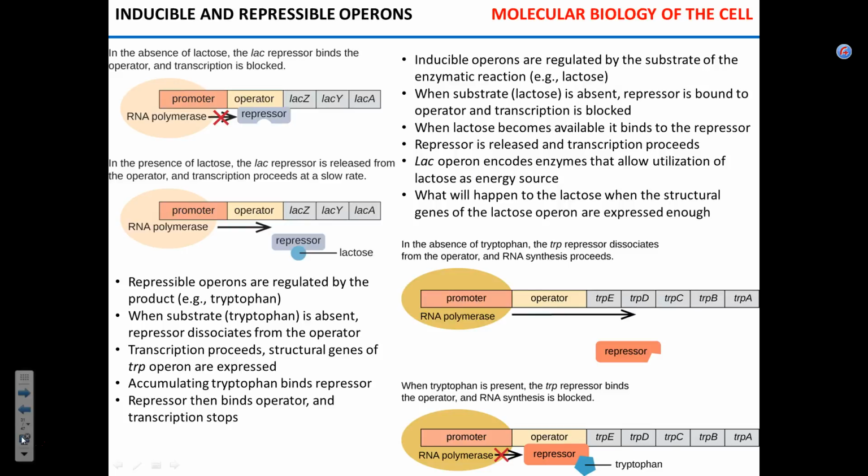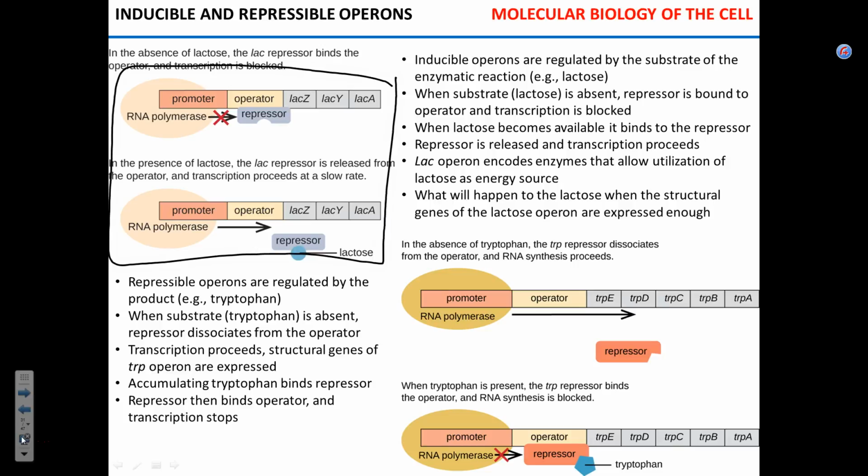So operons, sorry, can be inducible or repressible. When we say inducible operon, it means that there is some sort of a signal, some sort of a chemical that can initiate transcription of genes in the operon. It sounds really not English, but here is how the inducible operon works.